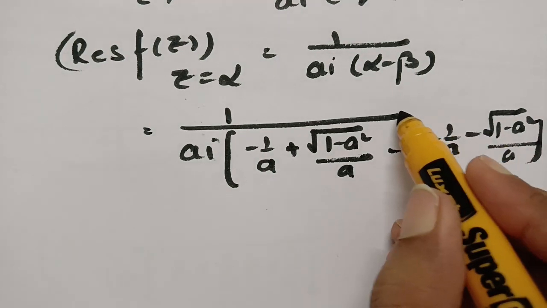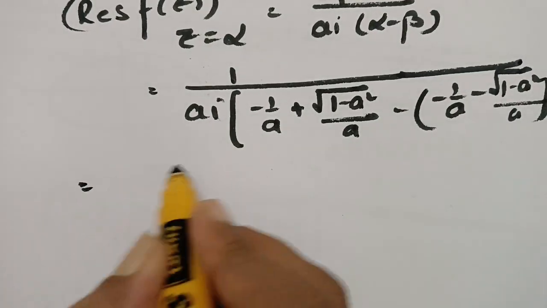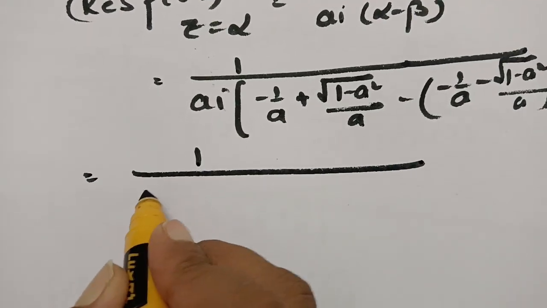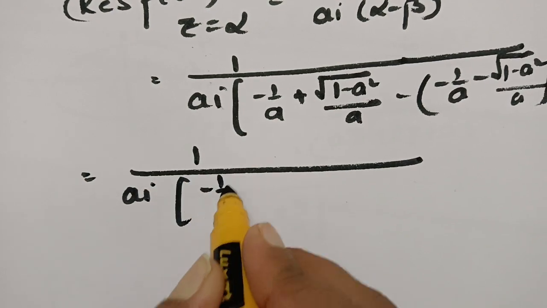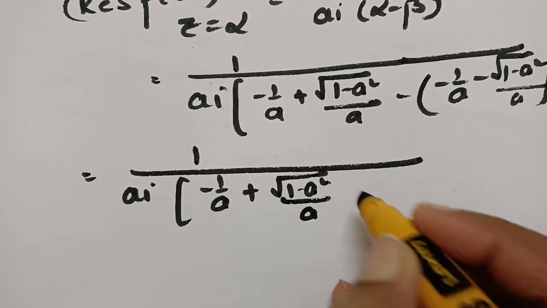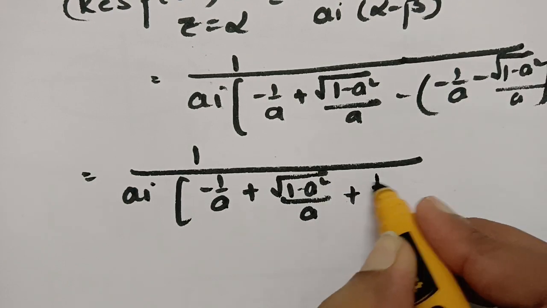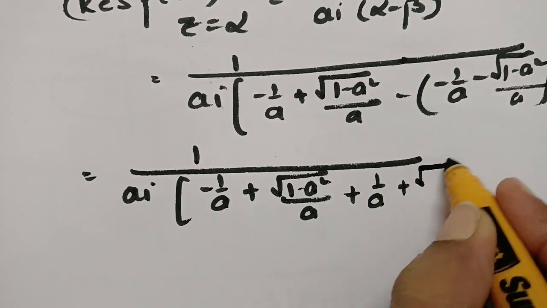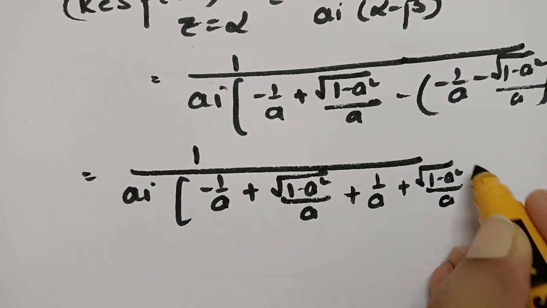Clear? So this is ai into minus 1 by a plus root over 1 minus a squared by a, and this is minus of minus 1 by a minus root over 1 minus a squared by a.